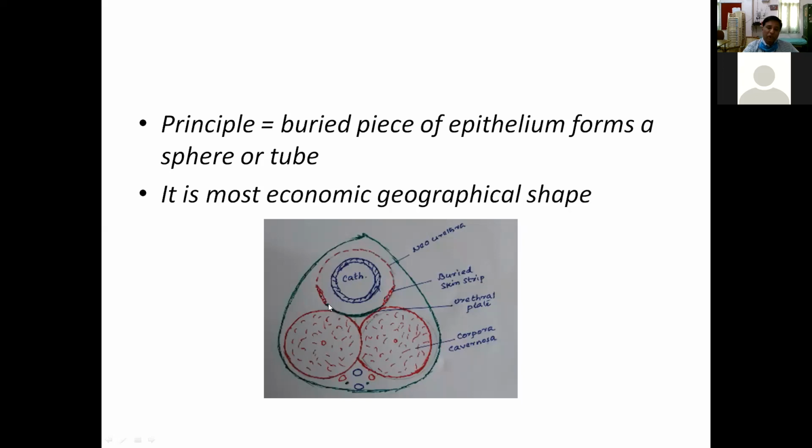The length of the plate seen from the external opening to the glans penis is called the urethral plate. Previously, this had not been recognized. Nowadays, its usefulness has been recognized and it is used for reconstructing the missing urethra.